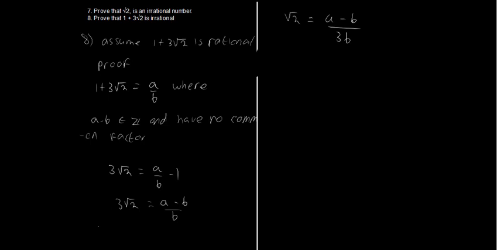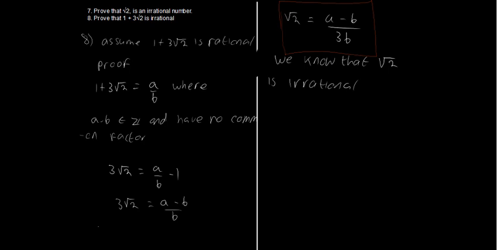Now, what do we have here? In the previous proof, we said that, okay, this is irrational, right? We know that root 2 is irrational. We already know that this is irrational from the previous proof over here, right? But what we've come to here is saying that square root of 2 is rational, which we know to be false from our previous proof.